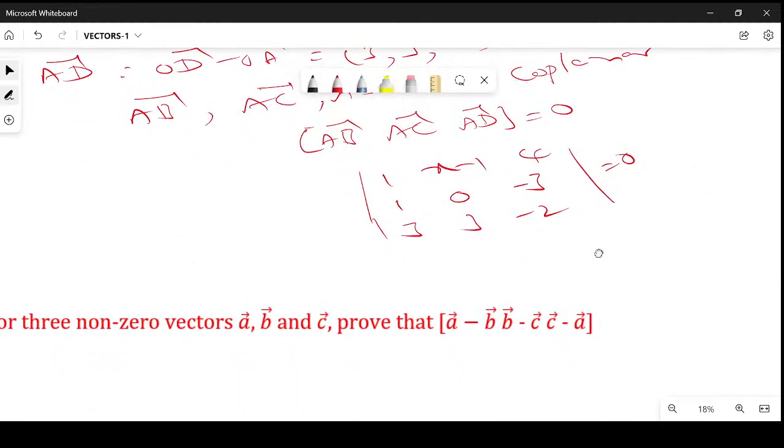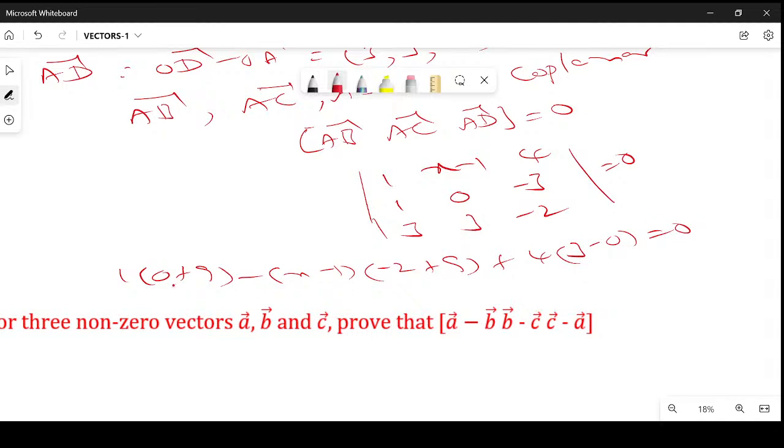If I simplify, you will get 1 into (0 plus 9), minus (x minus 1) into (minus 2 plus 9), plus 4 into (3 minus 0) equal to 0. Simplifying, it will be 9 minus 7x plus 7 plus 12 equal to 0.